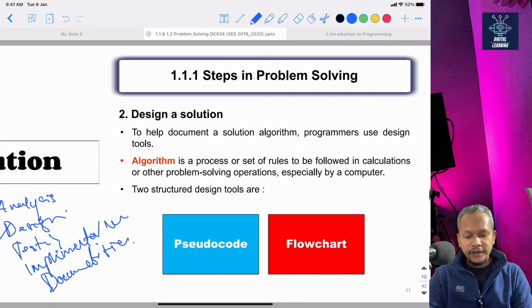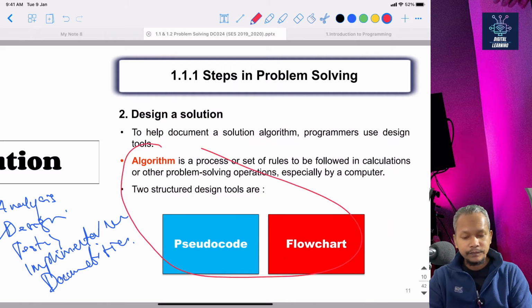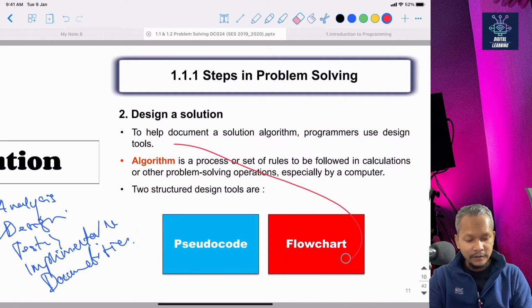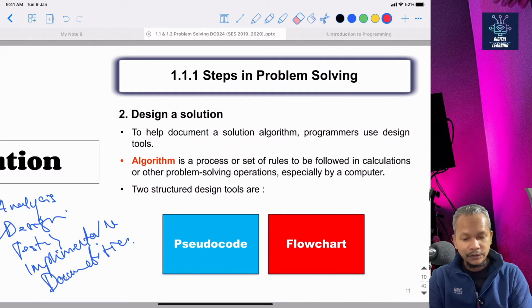Two structured design tools are pseudocode and flowchart. We will learn these two in detail. It is very important to know how to use pseudocode and flowchart, so we will have time to explore more.